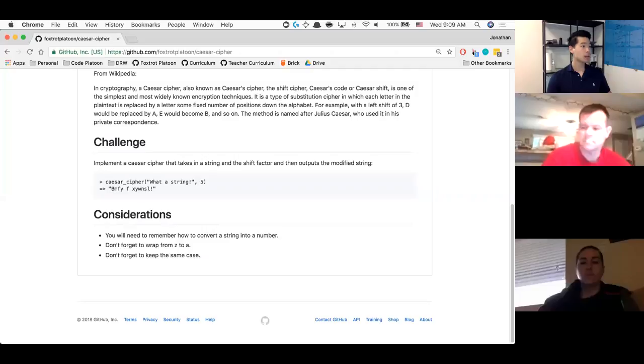Okay, so you're saying take the original position of the letter, add the shift amount to it, and then subtract 26. So for us, the original one here, A is 1, B is 2, and C is 3. When I add 3 to it, I can just do D, E, F. I don't have to do anything fancy there.